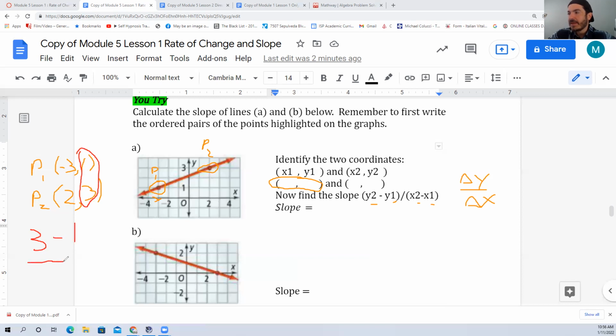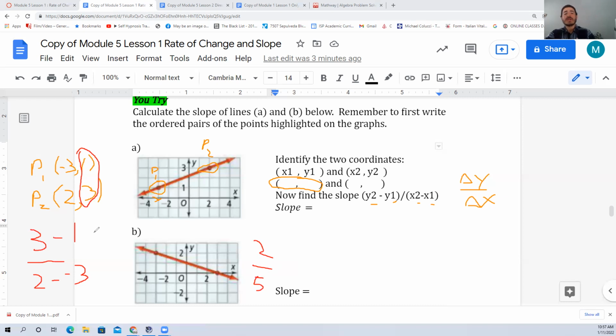And I'm going to divide it by X sub 2, that's this number here, 2, minus X sub 1, that's this number here, -3. And what does that leave me with? Well, 3 minus 1 is 2. And 2 minus a negative 3 is a positive 5. So my slope is 2/5, okay?